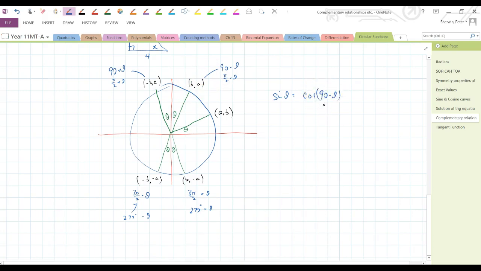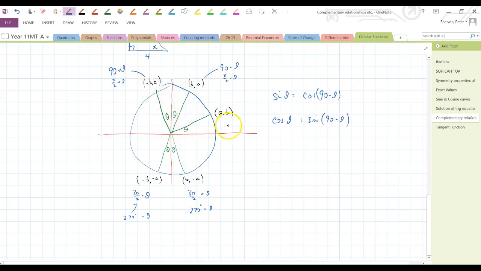Okay, so there's that result. And we can also say that cos theta, which is A, is equal to sine of 90 minus theta. So we've got the 90 minus theta results done. Now let's have a look at the 90 plus theta results.